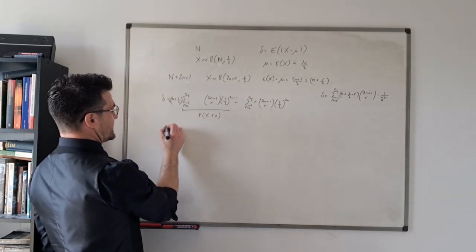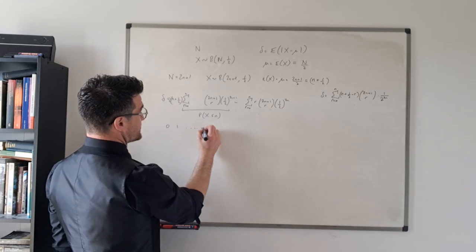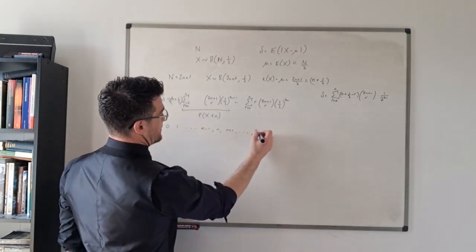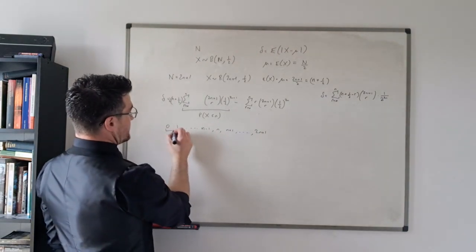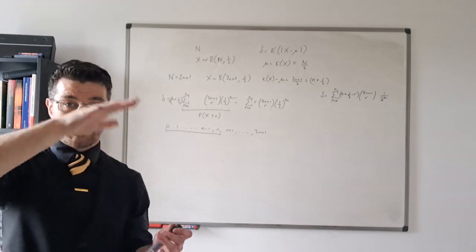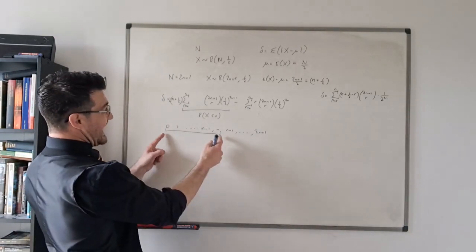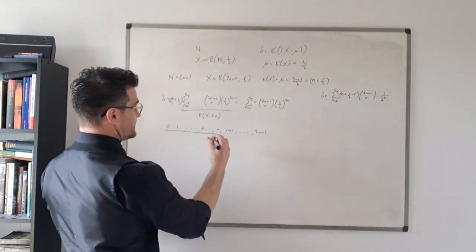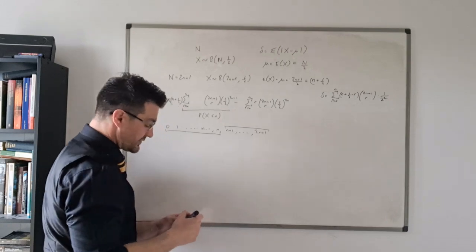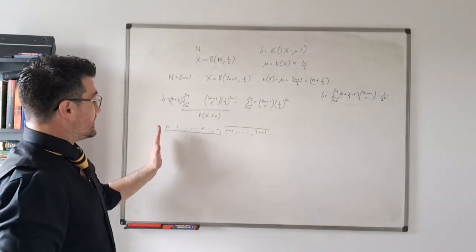So let's have a look at the possible outcomes of X. There's 2n plus 2 possible outcomes. There's these, and the probabilities are symmetrical. So I can group these n plus 1 outcomes together to create an event, and these n plus 1 outcomes together to create another event.